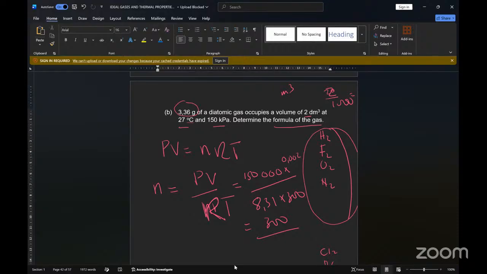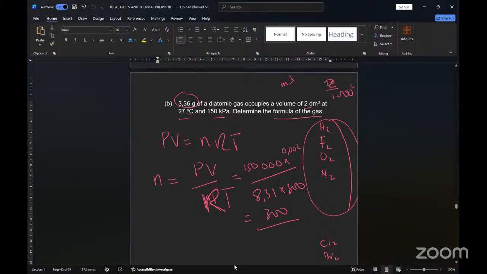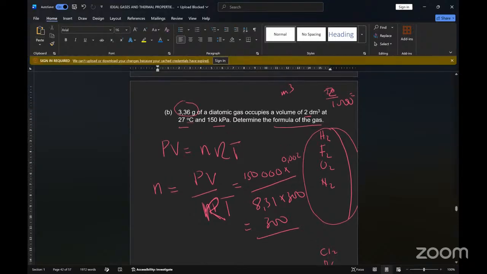This is 8.31 times 300. And this one gives you 29.